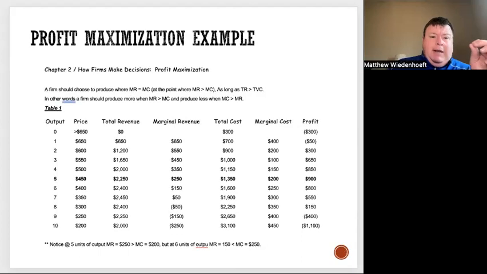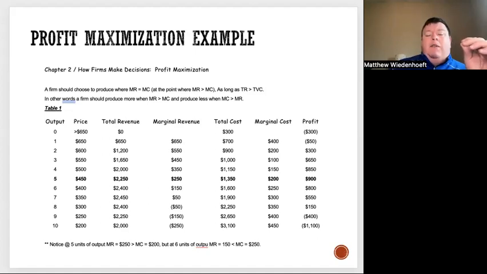Now, a profit maximization example here. Let's go through the columns. Output: it talks about a price less than or greater than 650. The total revenue is zero. So at a price less than 650, they're making zero revenue. Then the marginal revenue. Remember, marginal means the addition of one.